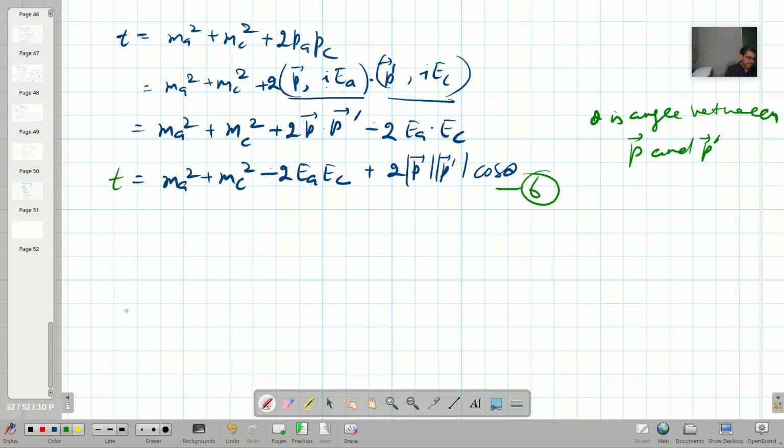Now again reconsider S. S is equal to PA plus PB whole square, or it can be written as EA plus EB whole square.